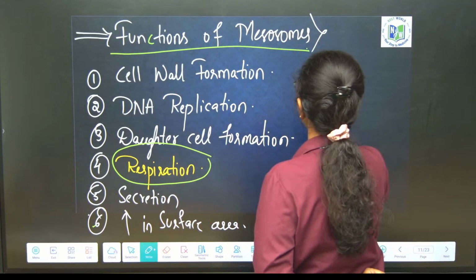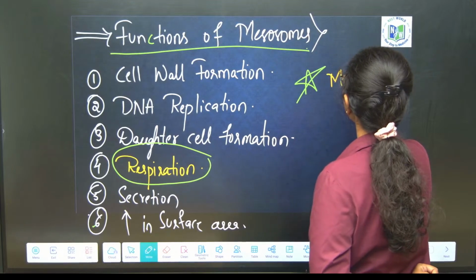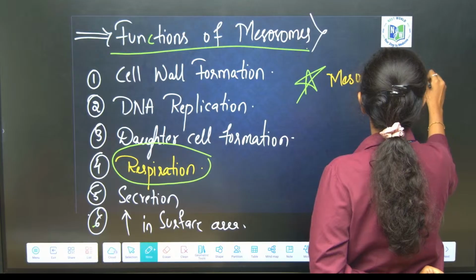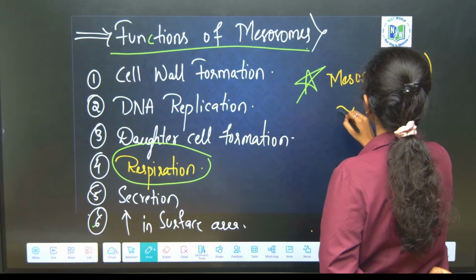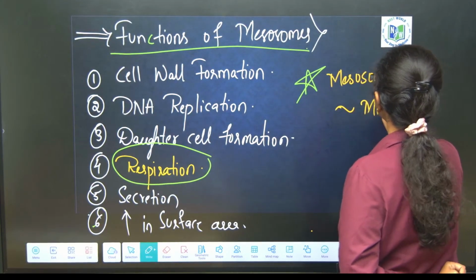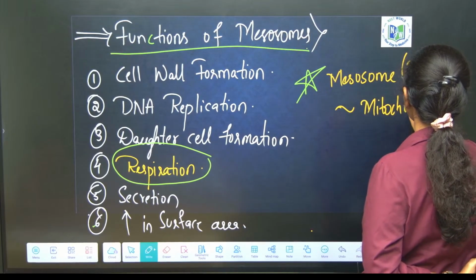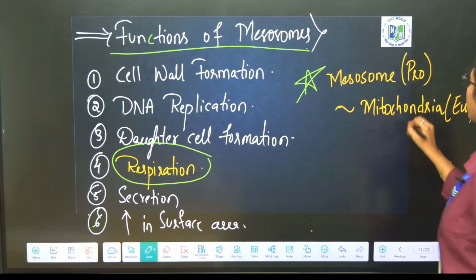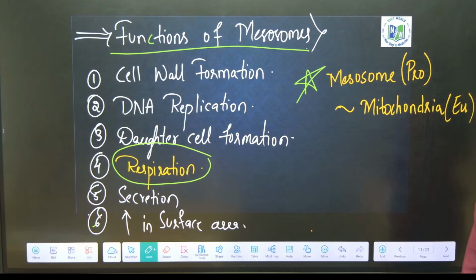Most important statement: mesosomes of prokaryotic cell are equivalent to mitochondria of eukaryotic cell.